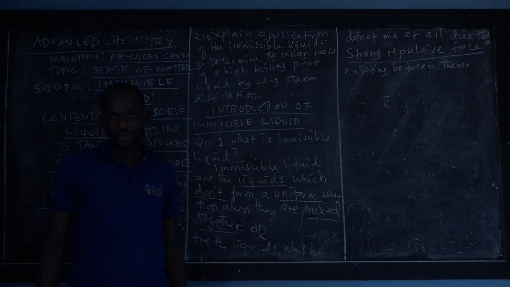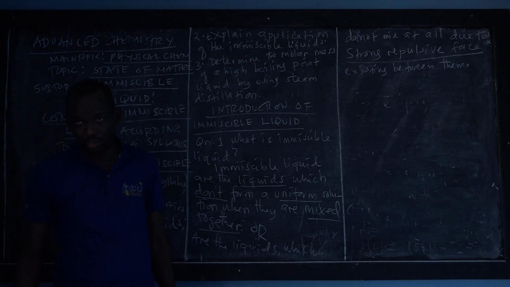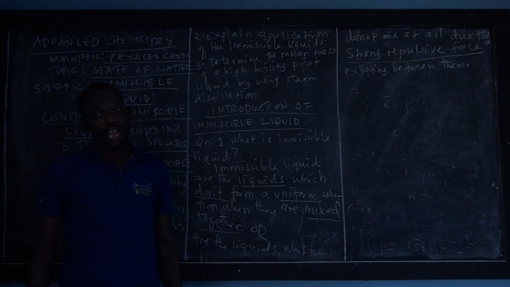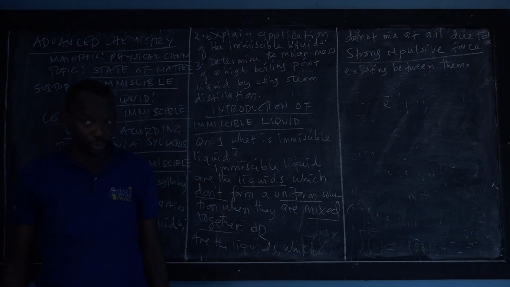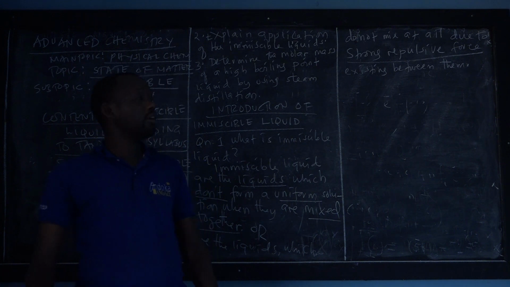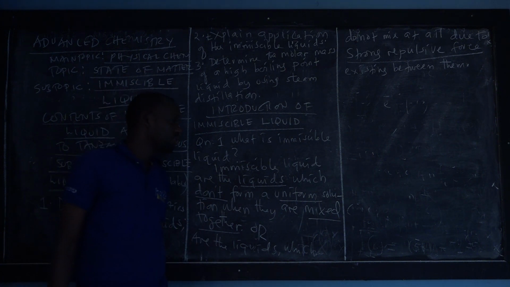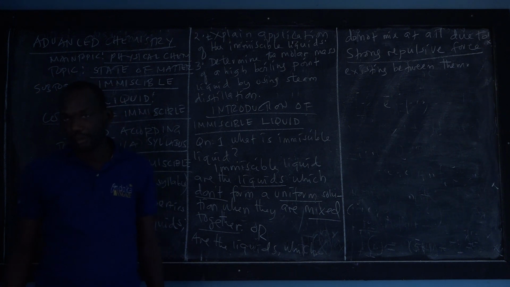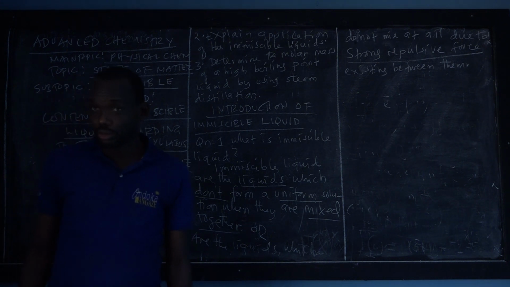They will never mix together. We have miscible and immiscible liquids in chemistry, right? The miscible liquids are the liquids which actually mix together and form a uniform solution. For example, water and milk mix together and form a uniform solution.